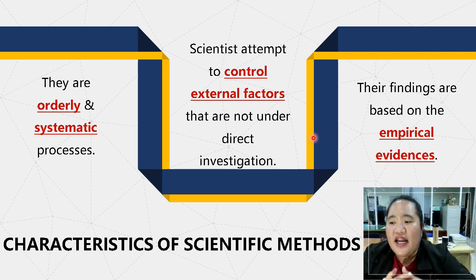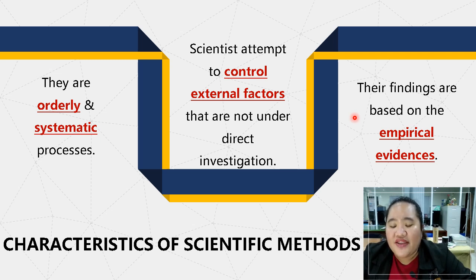For instance, if you're going to study the effect of sunlight on plants, you have to control other external factors that might bias the investigation or research.